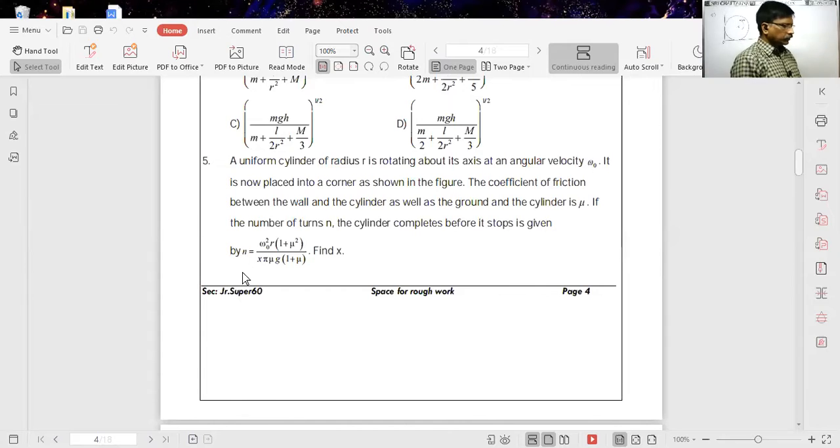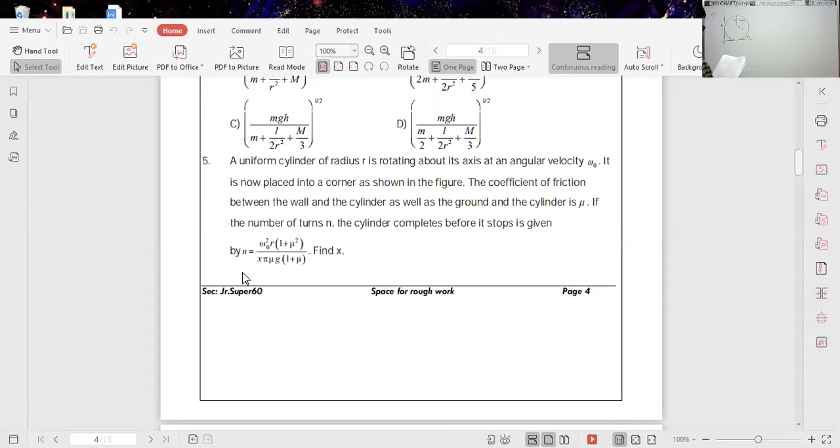Okay. So here, a uniform cylinder of radius small r is rotating about its axis with angular velocity omega naught initially. It is now placed into a corner as shown in the figure. The coefficient of friction between the wall and cylinder, as well as the ground and cylinder, is mu only.